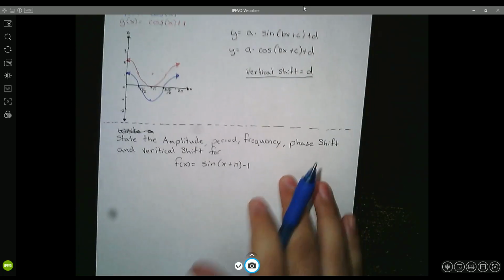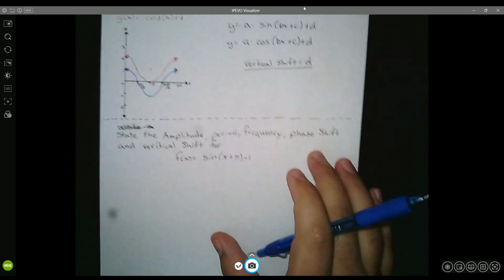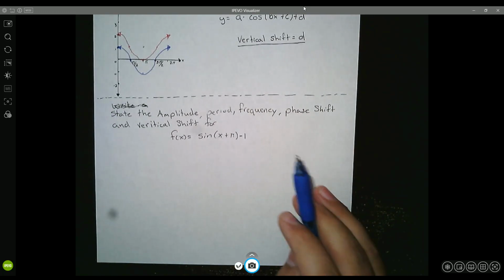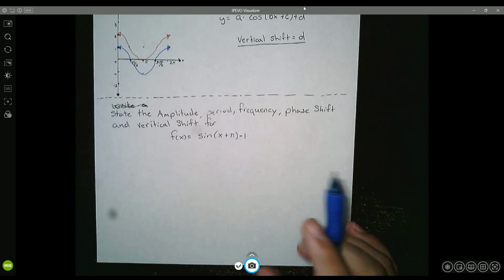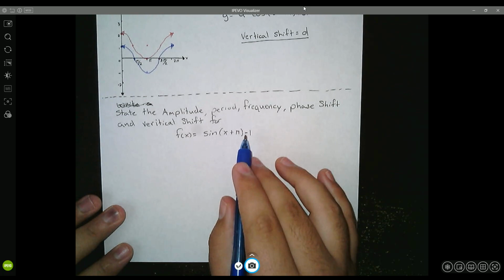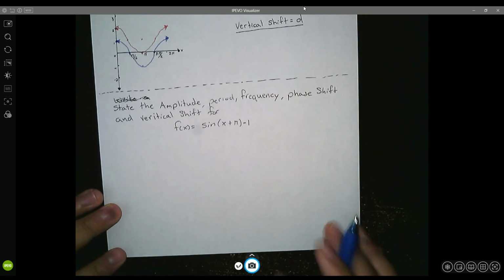For these problems, more than likely we're going to use everything we've learned and put it together. The first one we're going to look at is to state the amplitude, period, frequency, phase shift, and vertical shift for f of x equals sine of x plus pi, minus 1. So we want to find a few things.